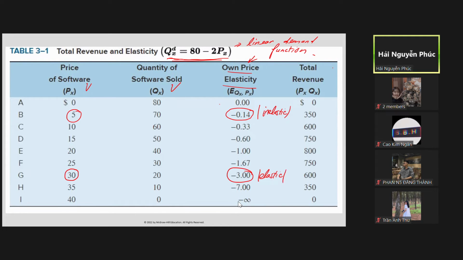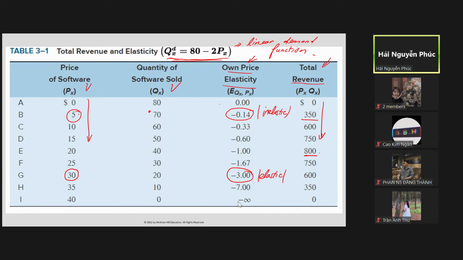Now let's take a look at the fourth column, the last one. It contains the information about the revenue. You can see that 350 is equal to 5 times 70, for example. You can easily observe the following. When the price increases, initially the revenue will increase until it reaches the point when the revenue is maximized.